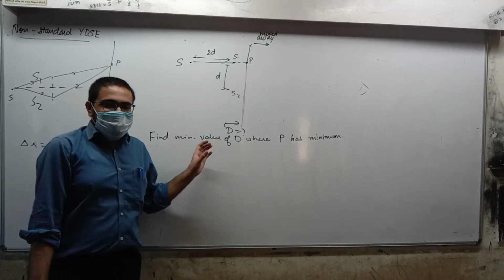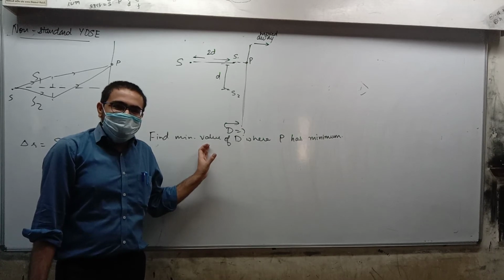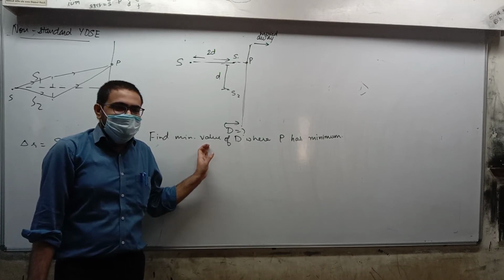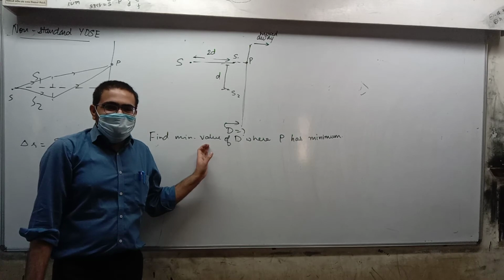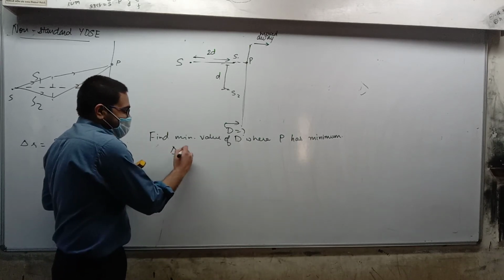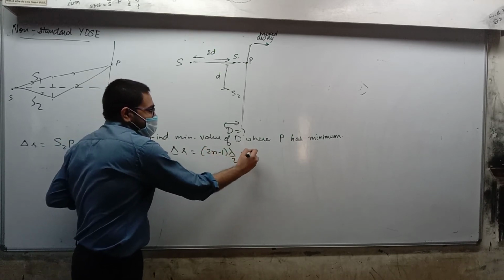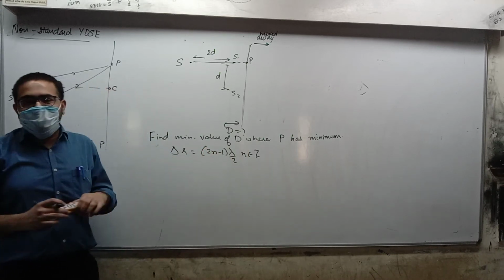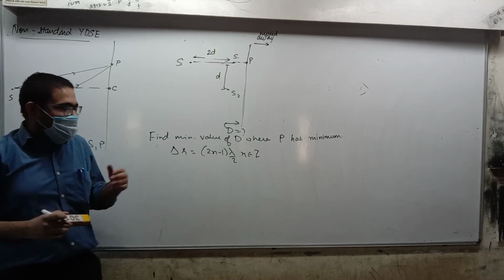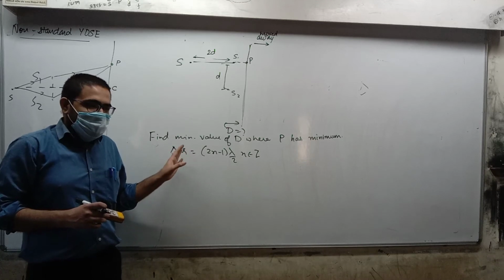Try to recall the condition for minimum. Path difference equal to lambda by 2. What's the most general? Delta R equal to (2n minus 1) lambda by 2. Remember? When n is an integer, starting with 1, not 0. Okay, everyone recall that.